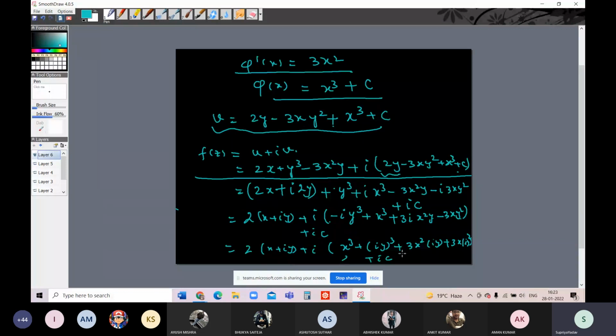So now we can also write it as f(z) equals 2 times x plus iy plus i times x plus iy whole cube plus i c.